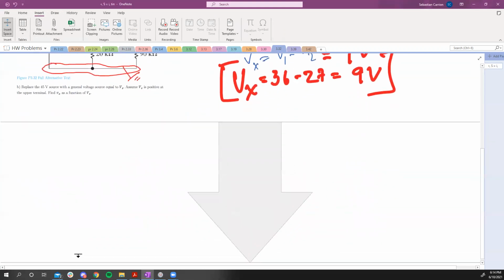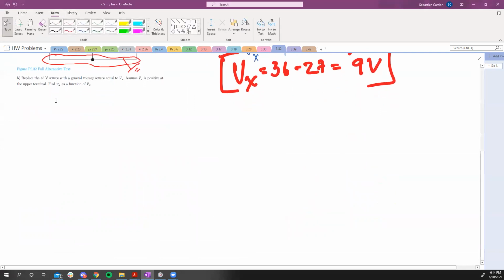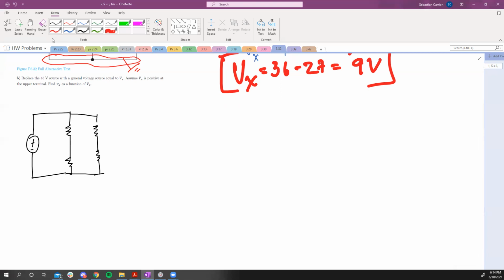So let's go ahead and redraw this circuit. Vs, V1, V2, and then our ground.